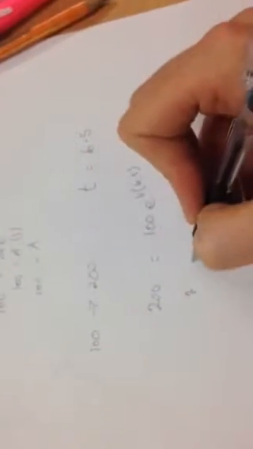So if it originally was 100, then 6.5 hours later, it's going to be 200. So y is now 200, is equal to A, I now know, e to the power of b, I don't know, and 6.5. I can bring the 100 over, it becomes division, so 200 divided by 100 is just 2, is equal to e to the power of b times 6.5.